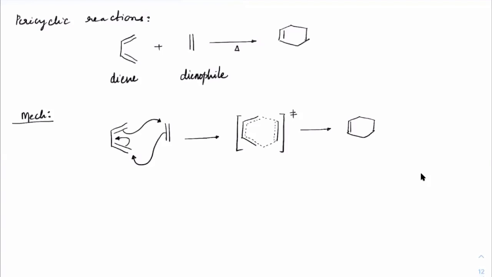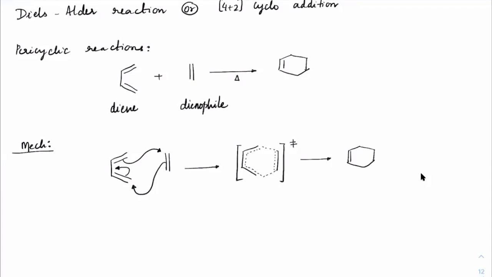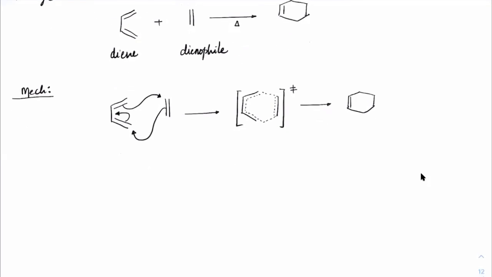So we have diene and dienophile. Both of them react with each other to form this coupled product, and this reaction is called Diels-Alder reaction. Now, generally, how do we need to look at it?